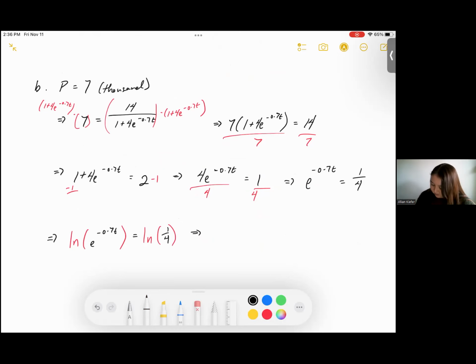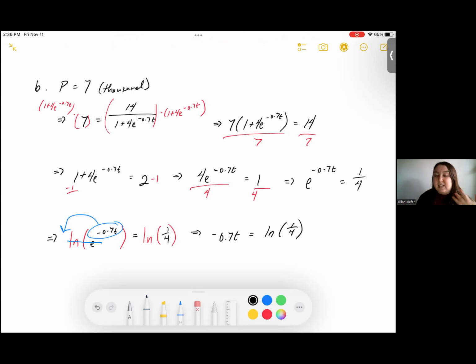So the natural log and e are going to cancel each other out, and the exponent will come down into just the normal space. So in this case, we'll have negative 0.7t is equal to the natural log of 1 over 4.